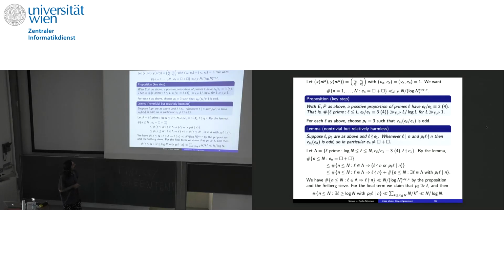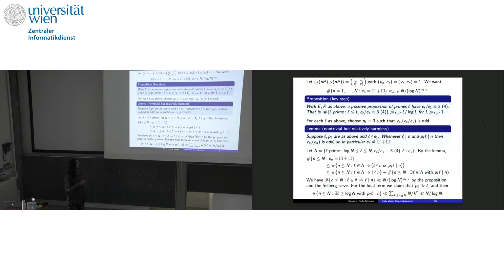Sure. Let me put that up again. So the point is that we have this lemma, which I claim is basically Hensel's lemma, which says that if we have a prime l such that E_l on E_1 is 3 mod 4, and l doesn't divide E_1, and l divides n, but p times l doesn't divide n, then E_n isn't a sum of two squares.